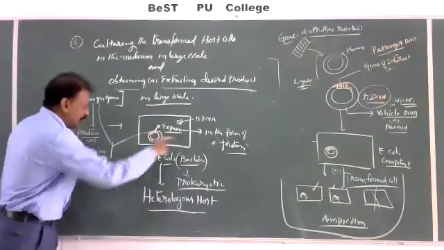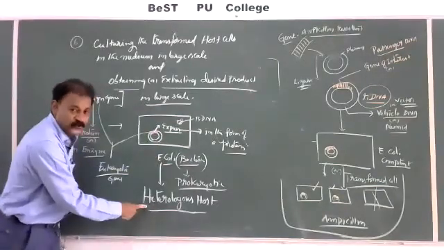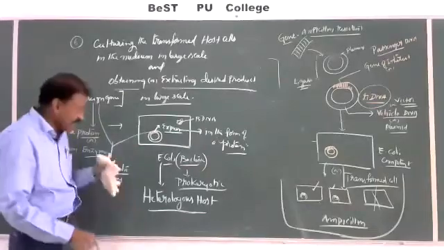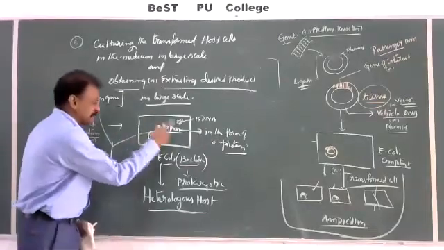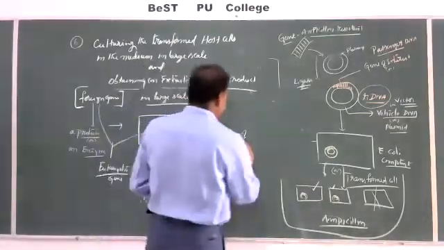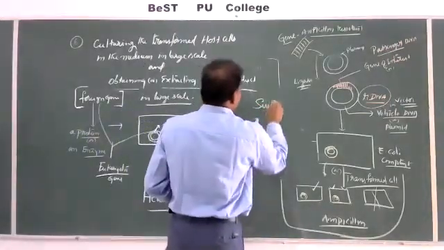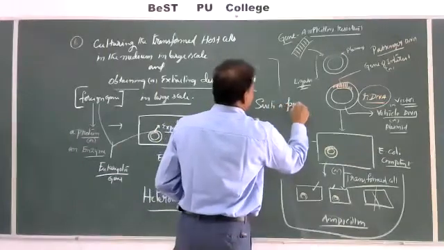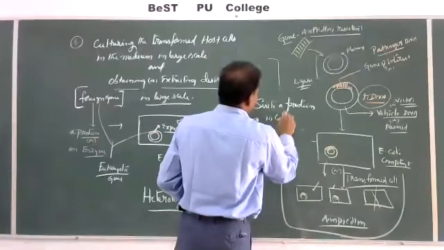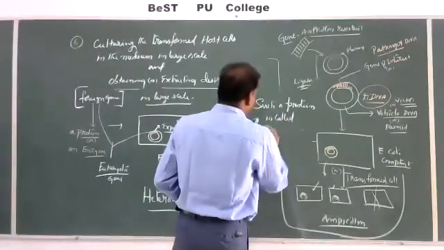So the bacteria is a heterologous host. Now, last sentence: if the gene is expressed in the form of a protein, such a protein is called recombinant protein.